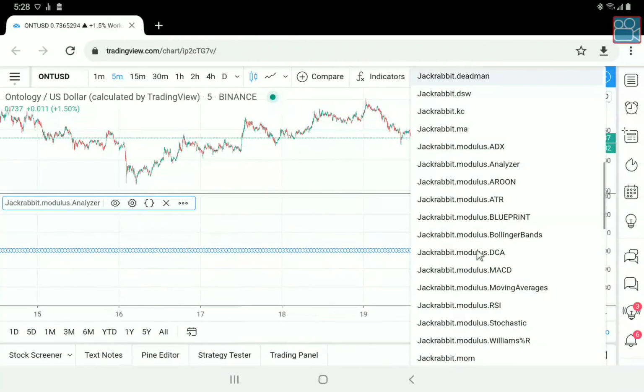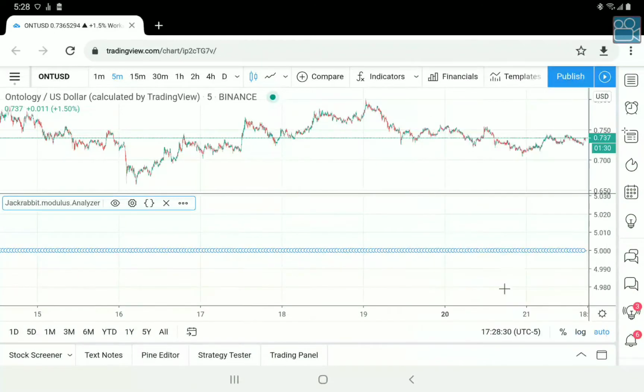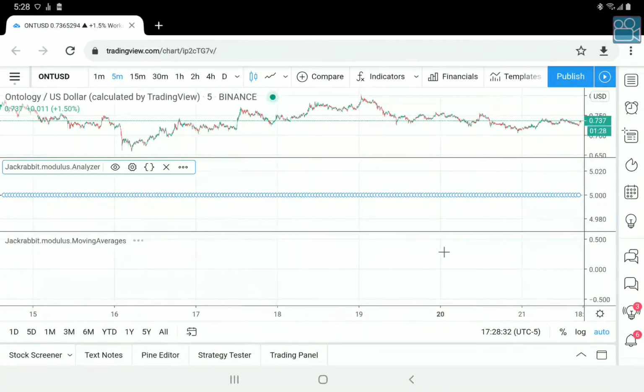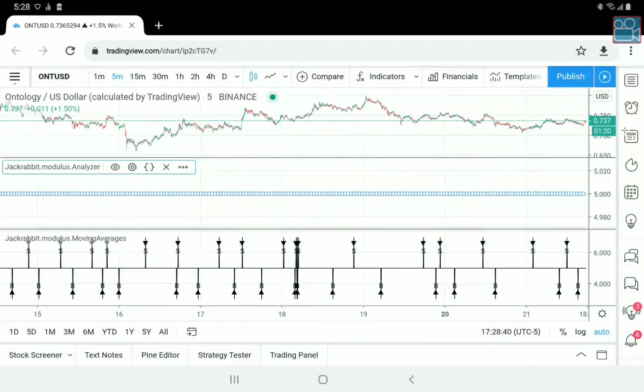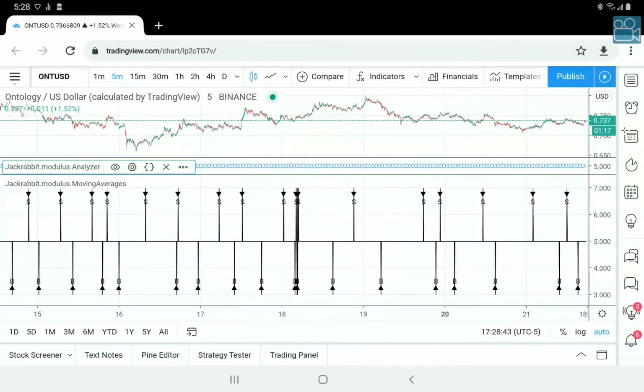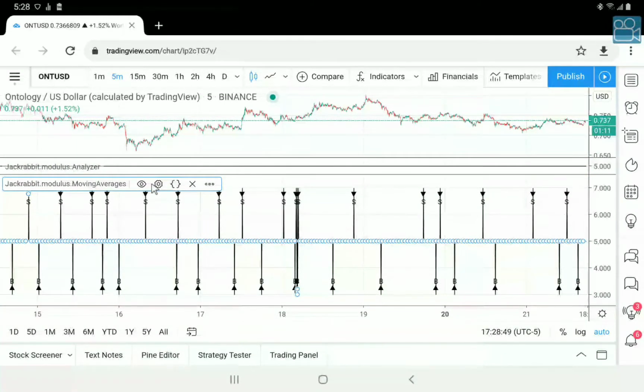I want to start there because it does reasonably well. Okay, next step is to shrink this. We don't need to see the analyzer window because it will be in the bottom as we work.